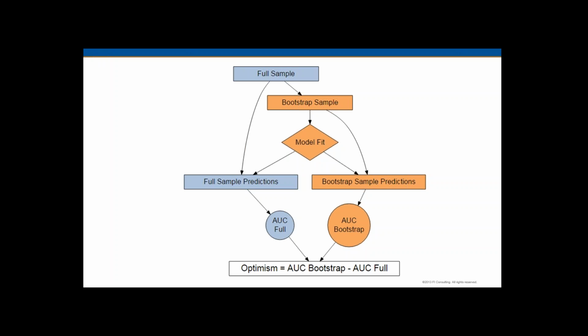Then we calculate the levels of accuracy in each case, and we expect the bootstrap sample predictions to be more accurate since the same data is being used as for training the model. That's why you can see the orange circle is larger than the blue circle. And then the difference between those two would be the level of optimism inherent in our data.